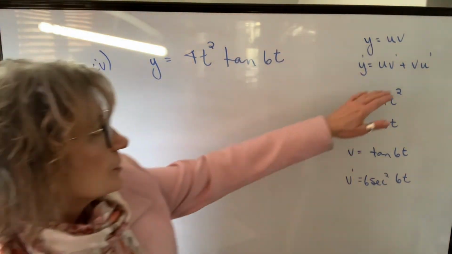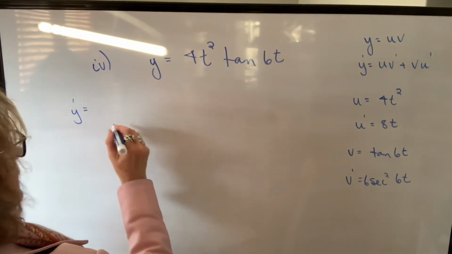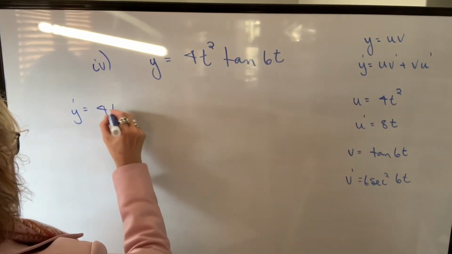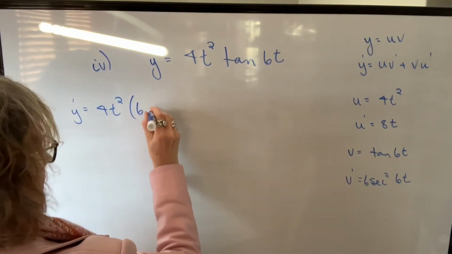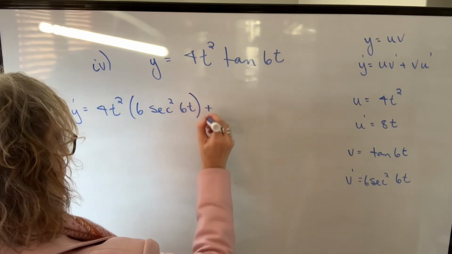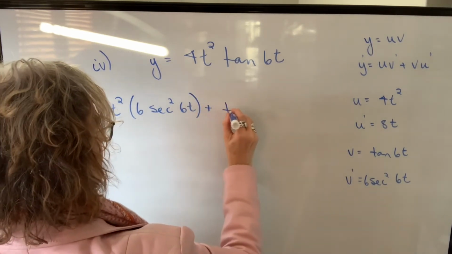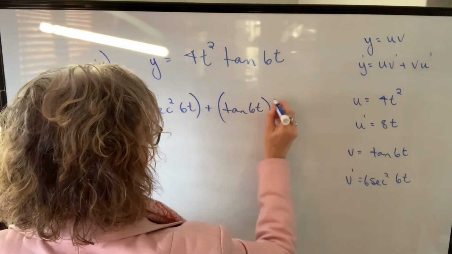Now we just plug into our product rule. So our derivative will equal u, which is 4t squared, times v prime, which is 6, times secant squared of 6t, plus v, which is tangent of 6t, times u prime, which is 8t.